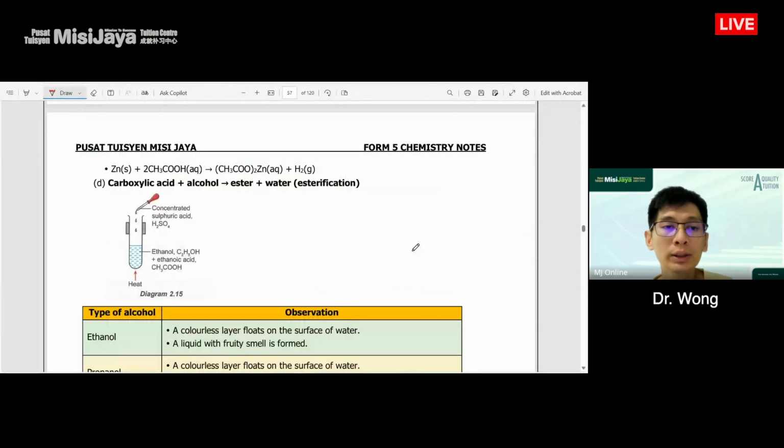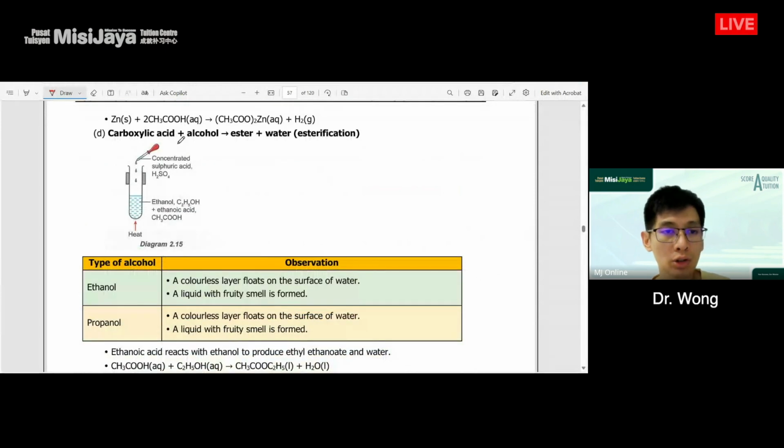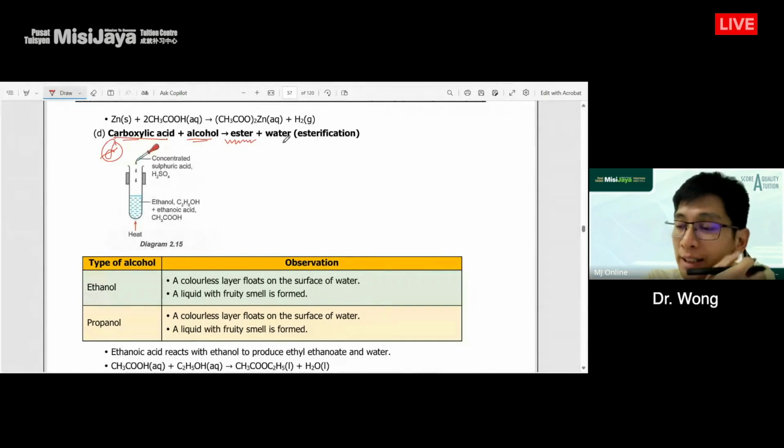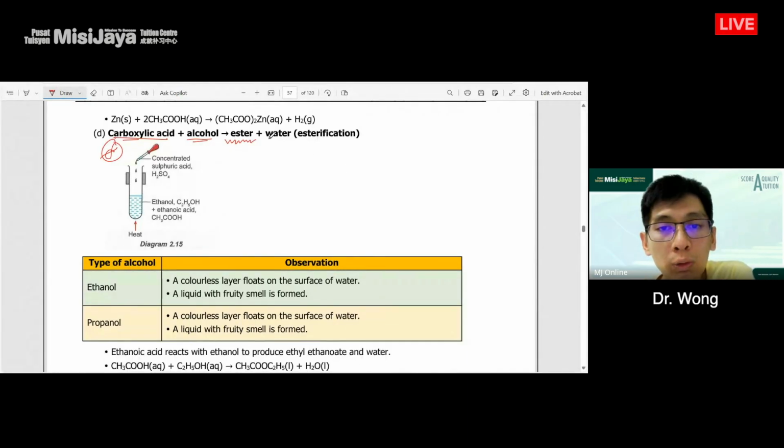So the last one is also a special reaction. Carboxylic acid reacts with alcohol to form another homologous series group called ester, and water, which is the esterification process. Okay, so here we will add concentrated sulfuric acid as the catalyst to produce this ester.